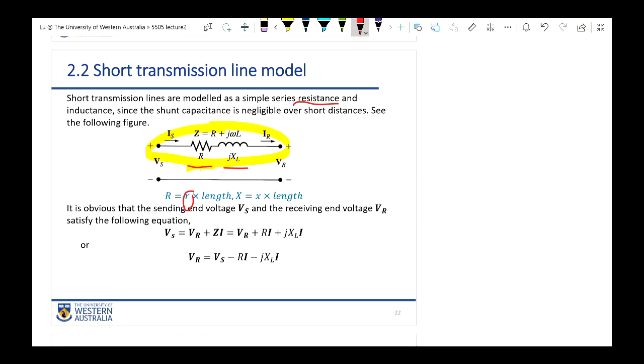That's too small actually, or 20 kilo ohm per kilometer. Multiply it by the total transmission distance, and the capital R gives us the total resistance of the whole cable used in this case.